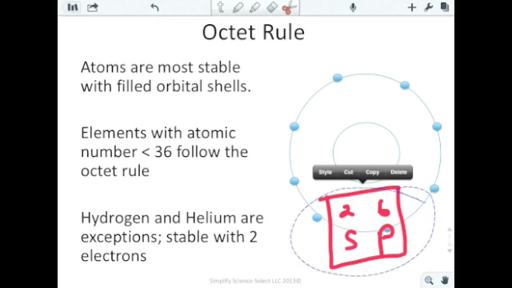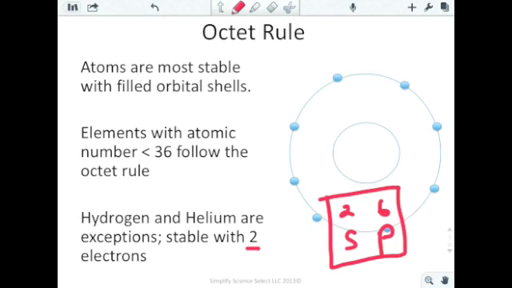Now, elements with atomic number less than 36 follow that octet rule. So everything less than 36 will follow that octet rule. Hydrogen and helium are the exceptions. They obviously have a lower atomic number than 36, they're 1 and 2, but they are stable with only 2 electrons. We call this the duet rule.